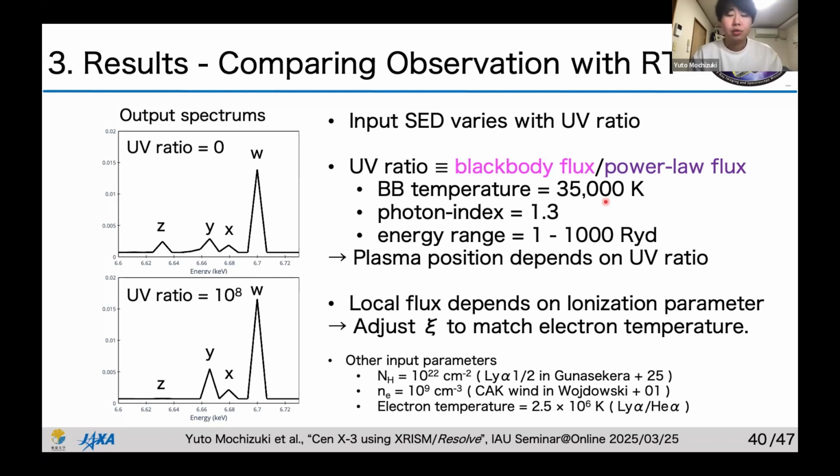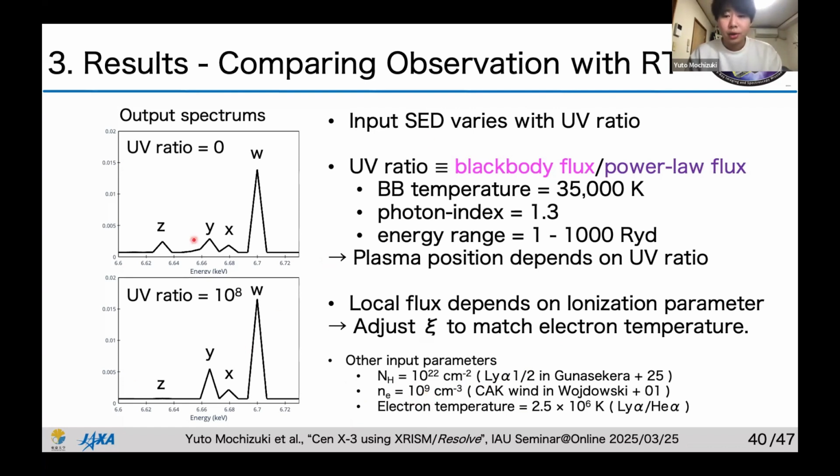This temperature was estimated using the Lyman alpha over helium alpha intensity ratio. And the carbon density is estimated by Lyman alpha 1 over 2, and we assume the stellar wind and assume the electron densities.